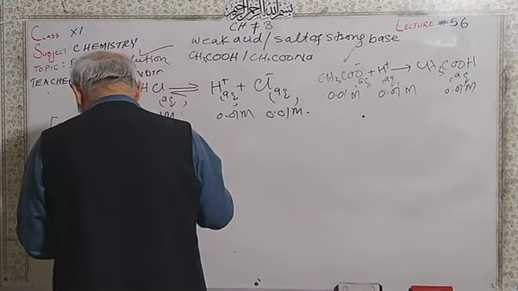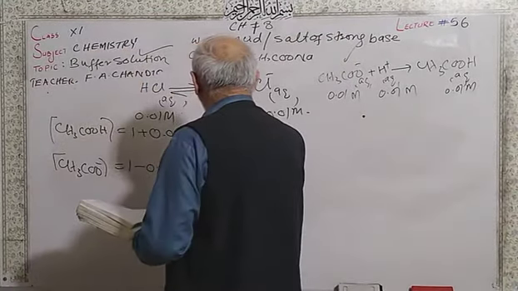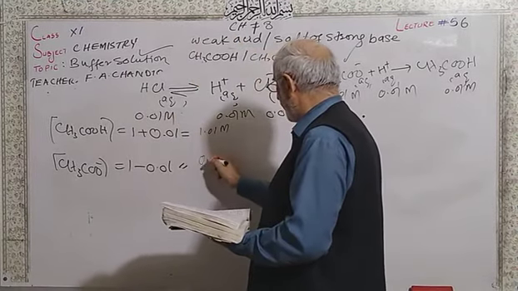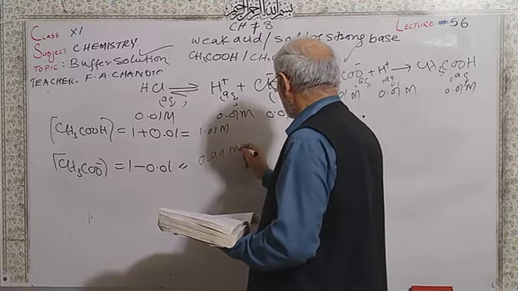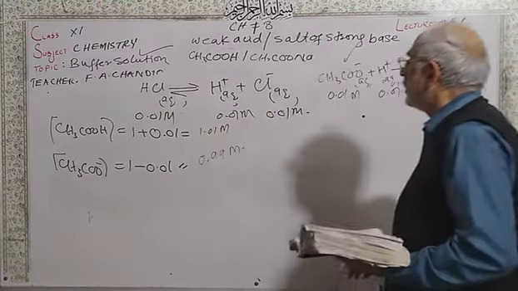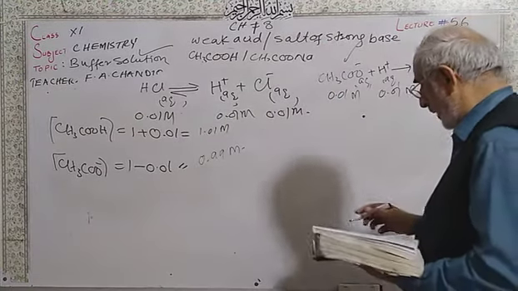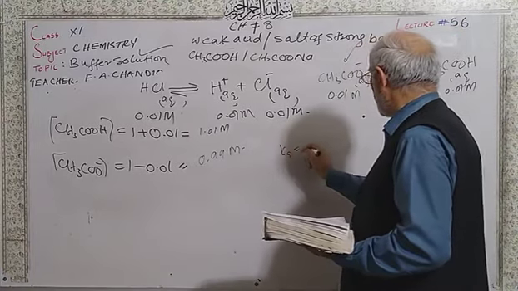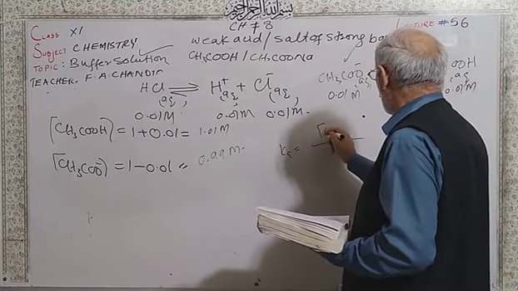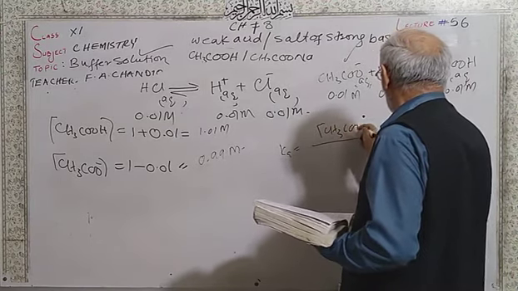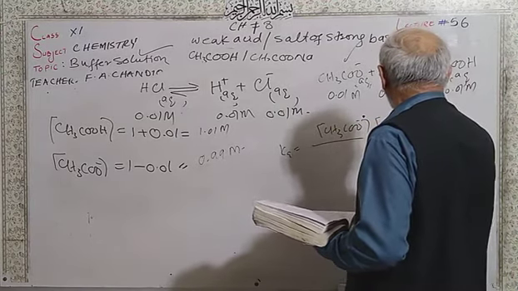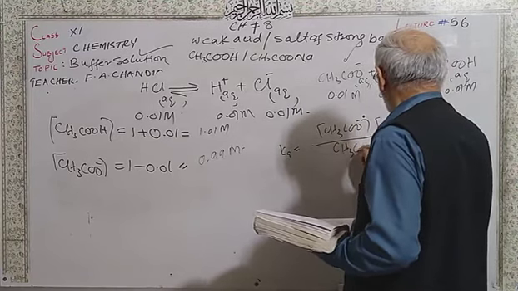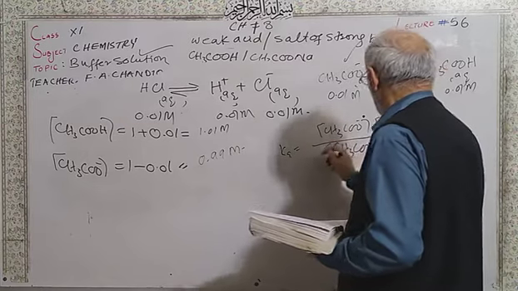So the molar concentrations after the addition are 1.01 moles and 0.99 moles. So apply the same formula. Ka is equal to the concentration of acetate times the concentration of hydrogen, divided by the concentration of acid, like this one.